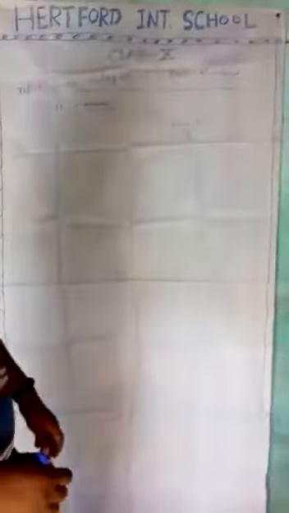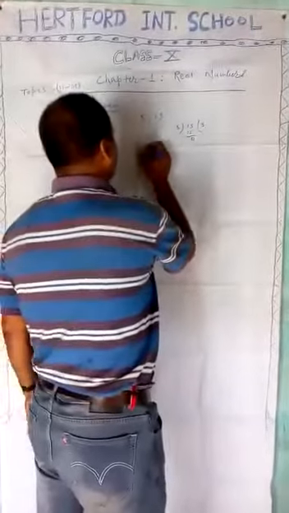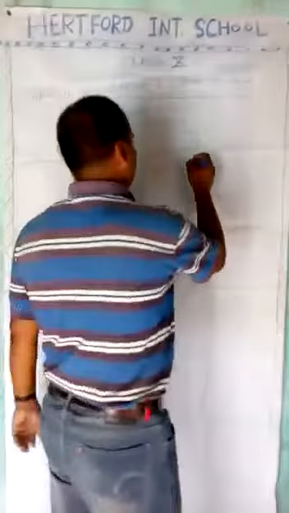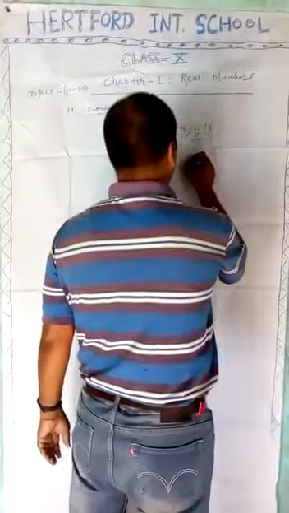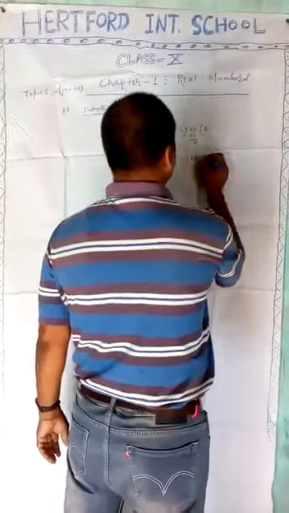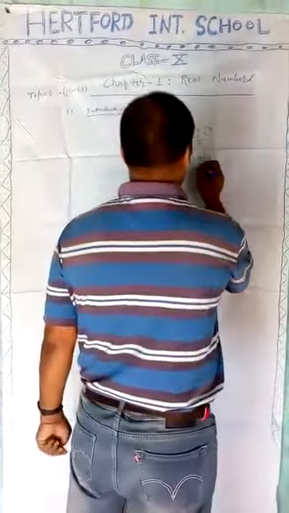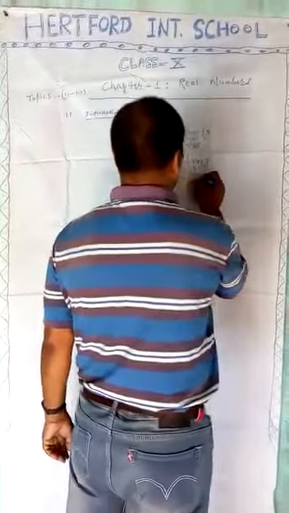But suppose we take 15 and 17. Dividing 17 by 5, the quotient will be 3 and the remainder will be 2.